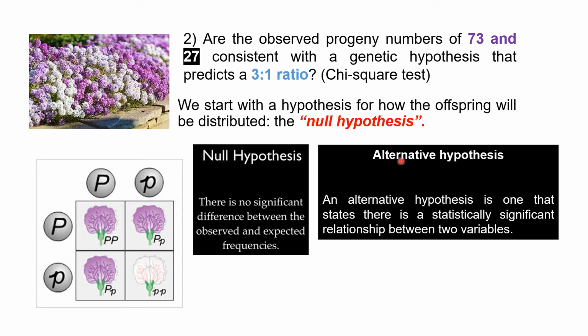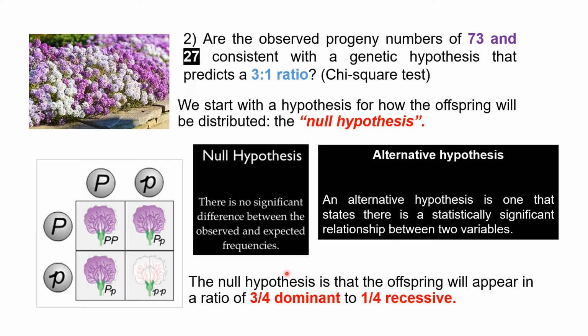The alternative hypothesis says the opposite, that there is a statistically significant relationship between these two variables. So the null hypothesis is that the offspring will appear in a ratio of 3 to 4 dominant and 1 to 4 recessive. So the purple will be 75%, while this one will be only 25%.